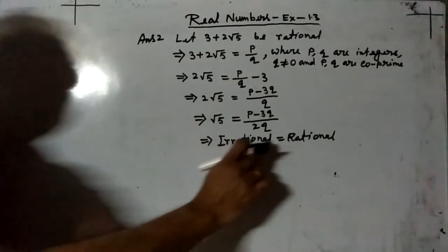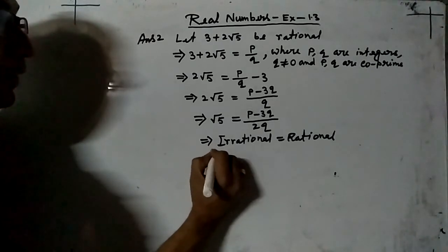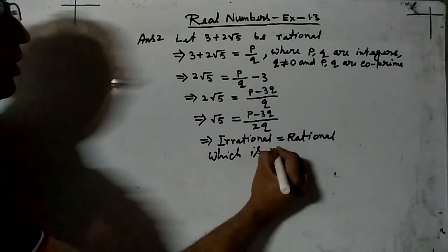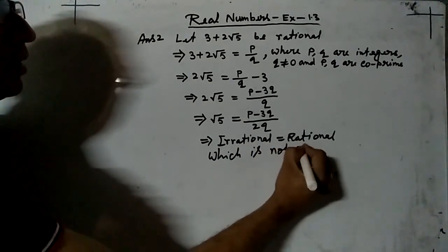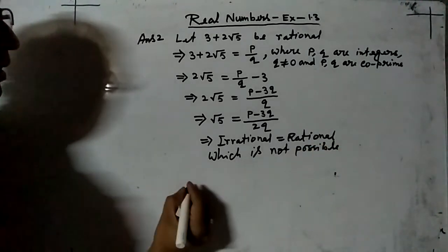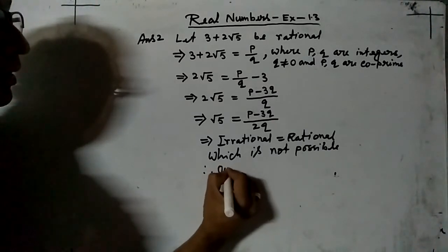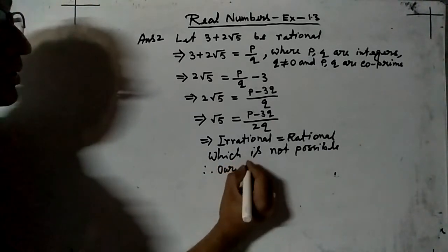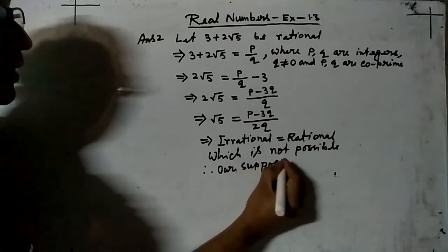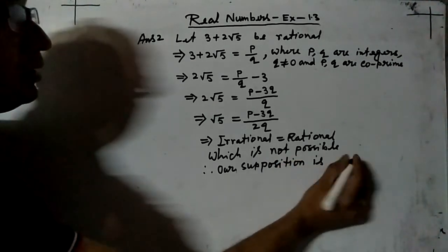So it is not possible. Irrational equals rational, which is not possible. Therefore, our supposition is wrong.